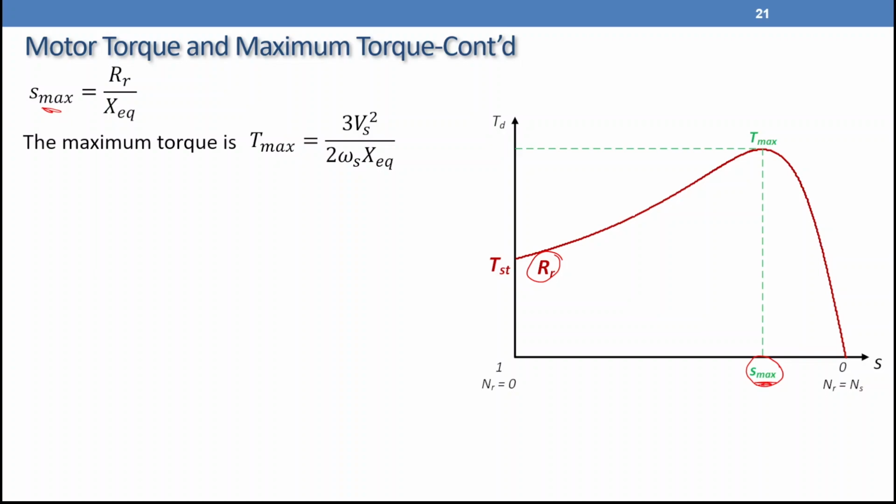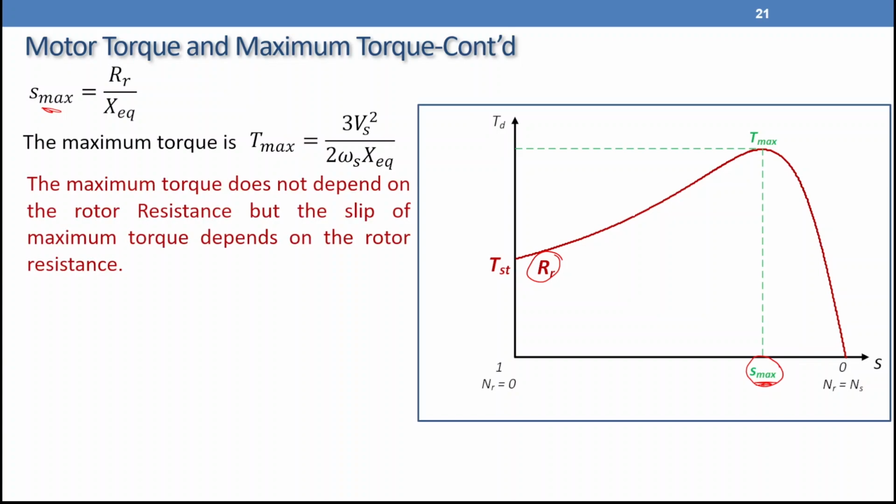So what that means is I can move this curve to have the same maximum at different speeds if I change the rotor resistance. So the maximum torque does not depend on the rotor resistance, but the slip for maximum torque does. So if we add external resistance to the rotor resistance, we can move that curve and have the same maximum at different speeds.